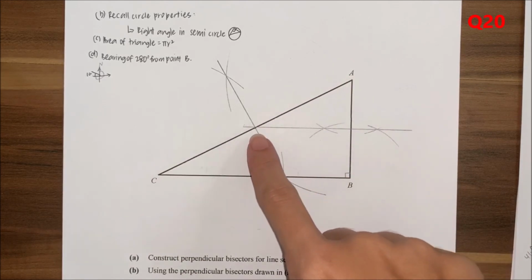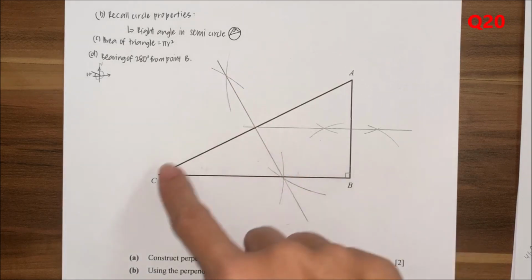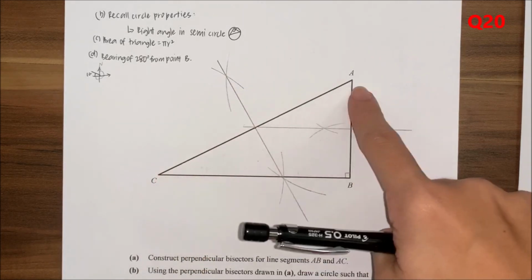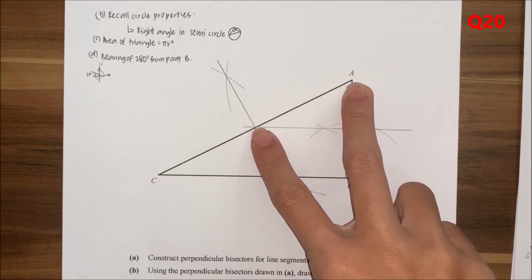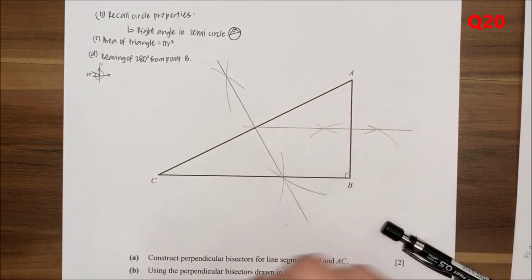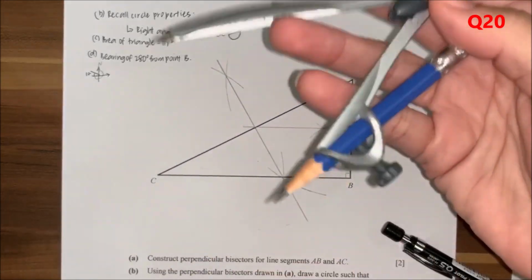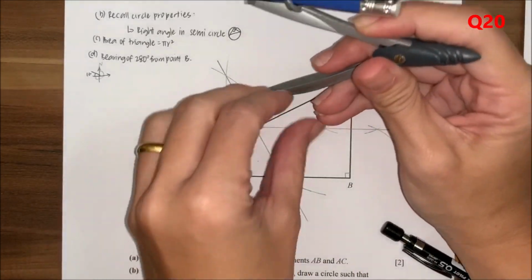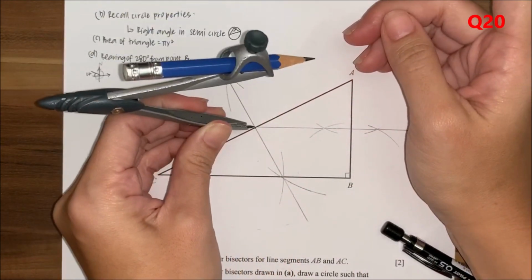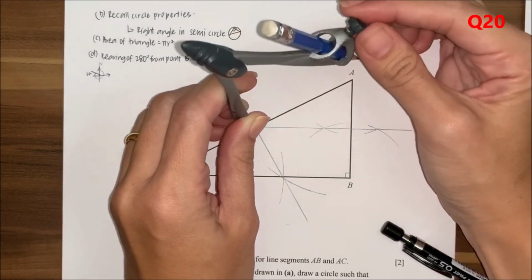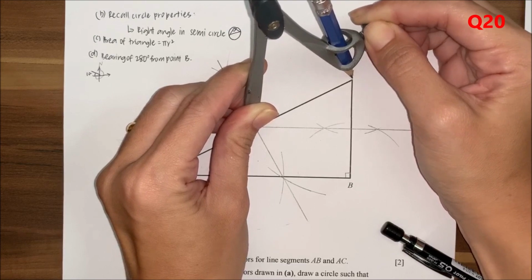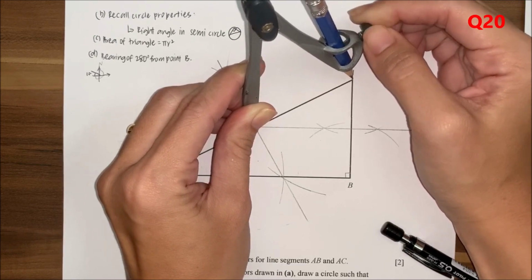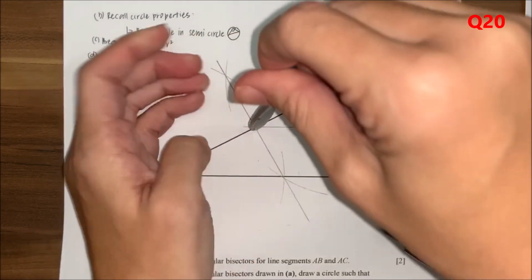And you already actually have the point of the origin, because the perpendicular bisector cuts your line AC exactly into half. And if AC is the diameter, then this point here must be the radius. So you can take your compass, from this point here, the origin, put a sharp point. You open up your compass to point A, and then you draw a circle.